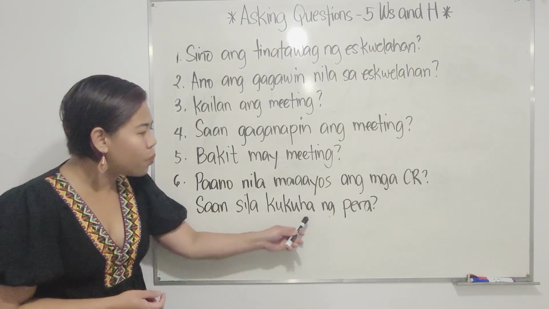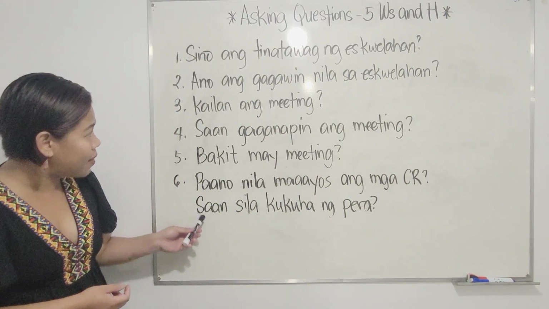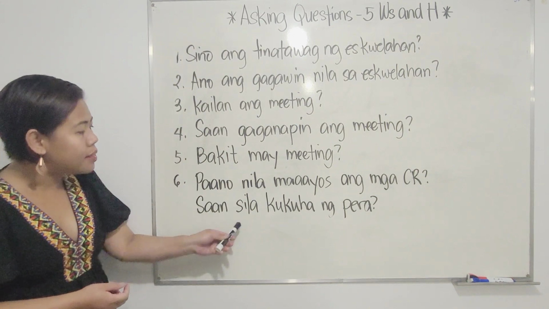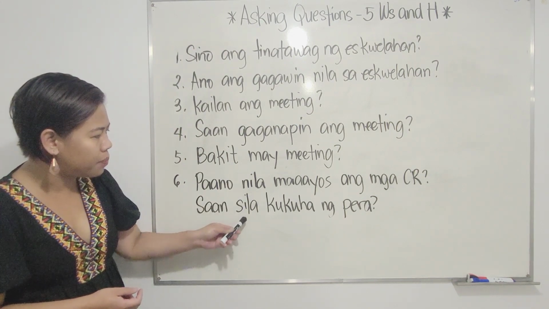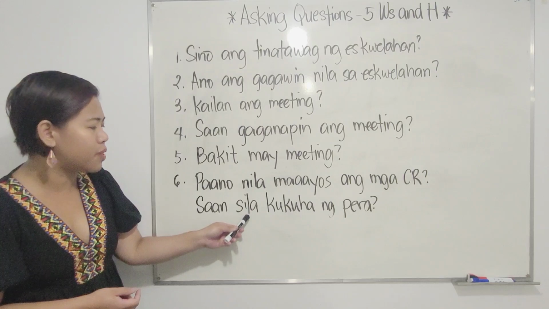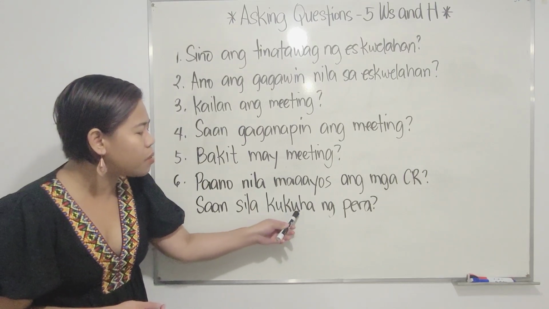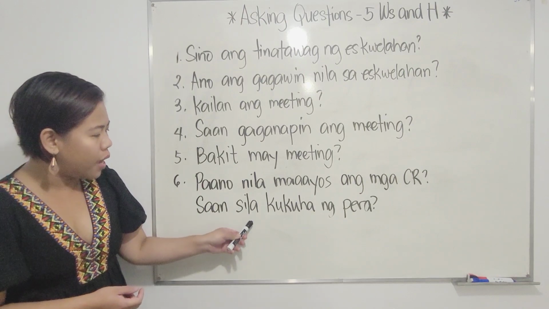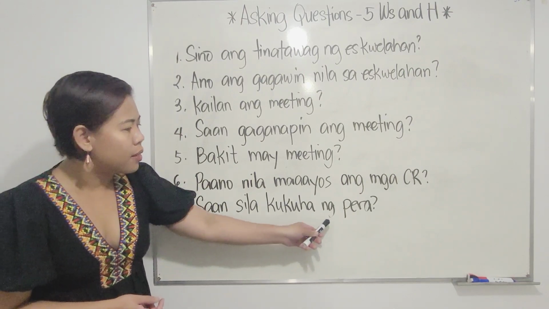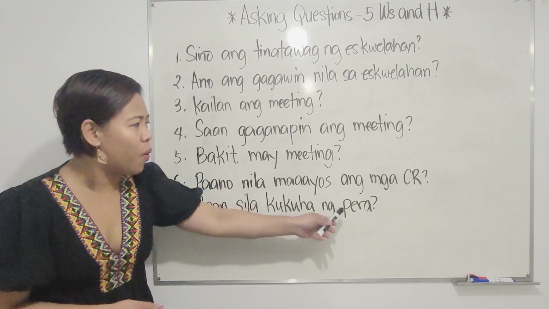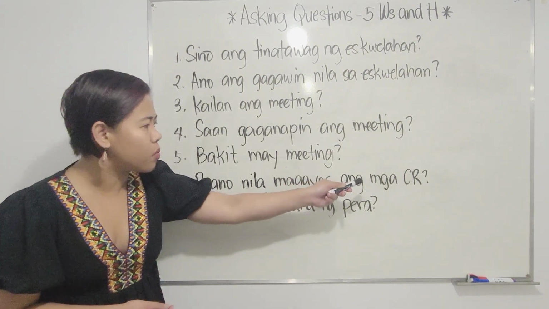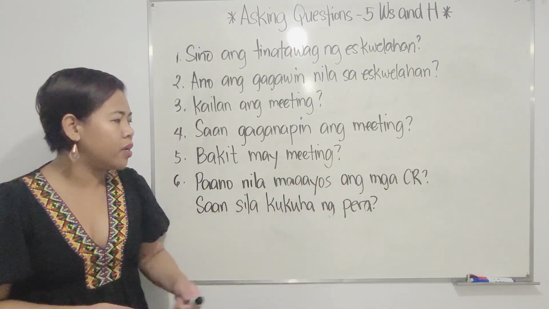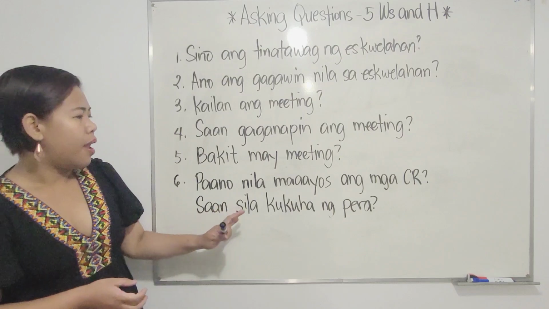Saan sila kukuha ng pera? Saan is where. Sila is they. It's the same here, depending on the focus of the sentence. Kukuha is from the word kuha, get. Where are they going to get the money? So, how are they going to fix the washrooms? Where are they going to get the money?